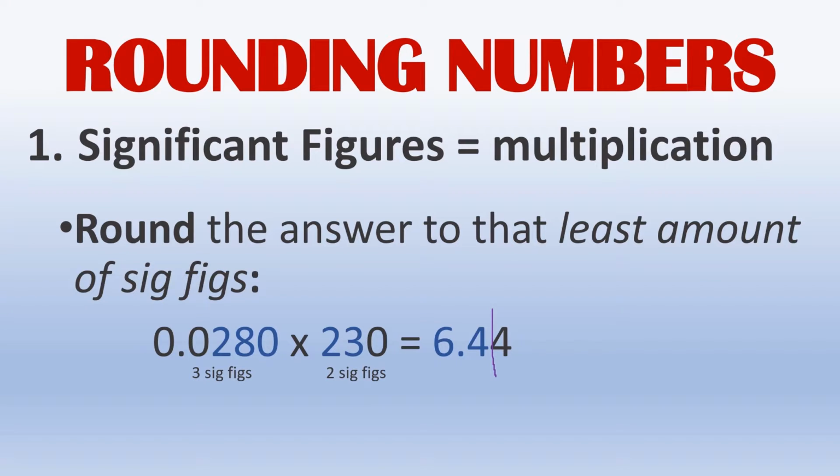If the next number is 4 or under, you just leave it as it is, 6.4. If that number were 5 or greater, we would round this to 6.5. But since this last number is just a 4, we keep the answer at 6.4.